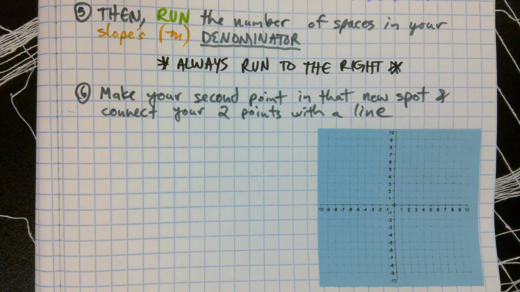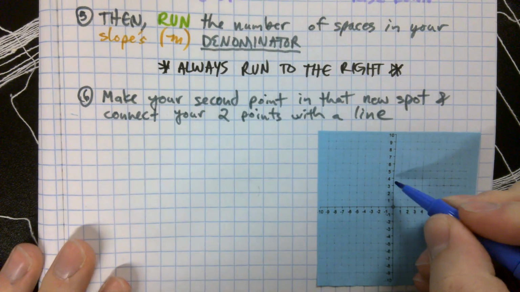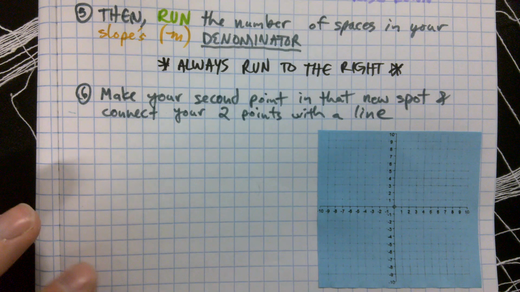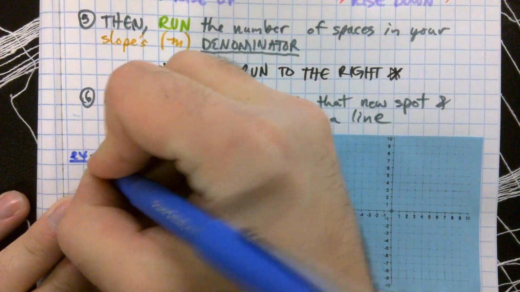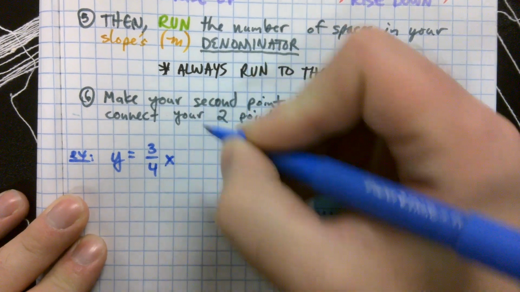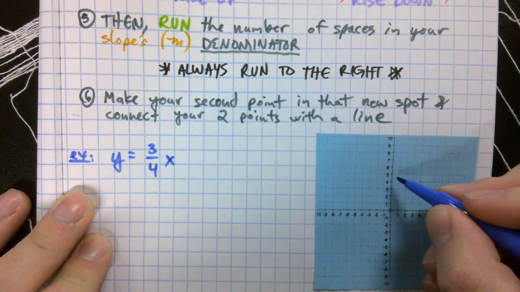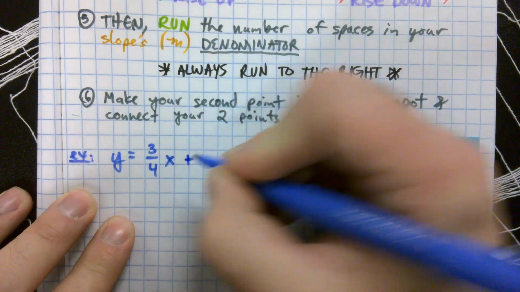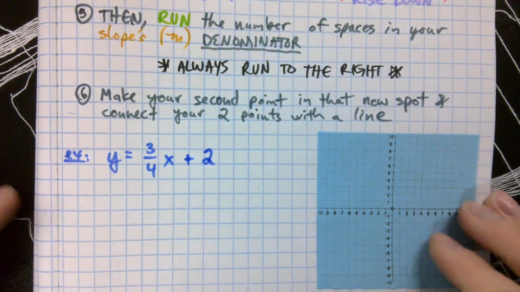Let's start with an example. Let's do y is equal to 3 over 4x plus 2.